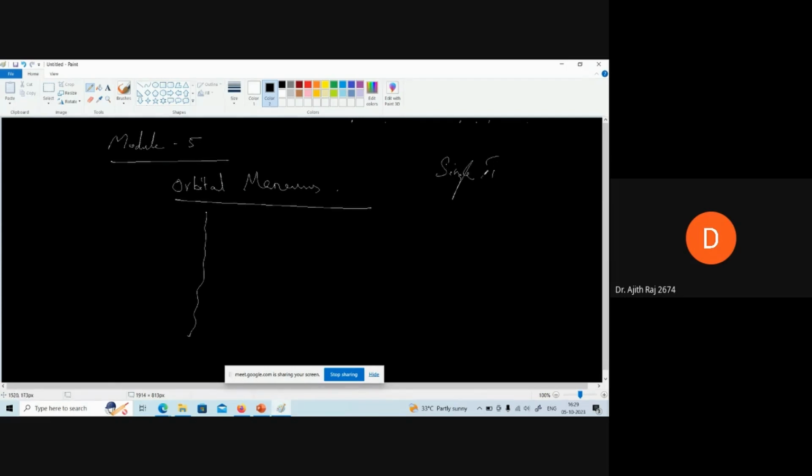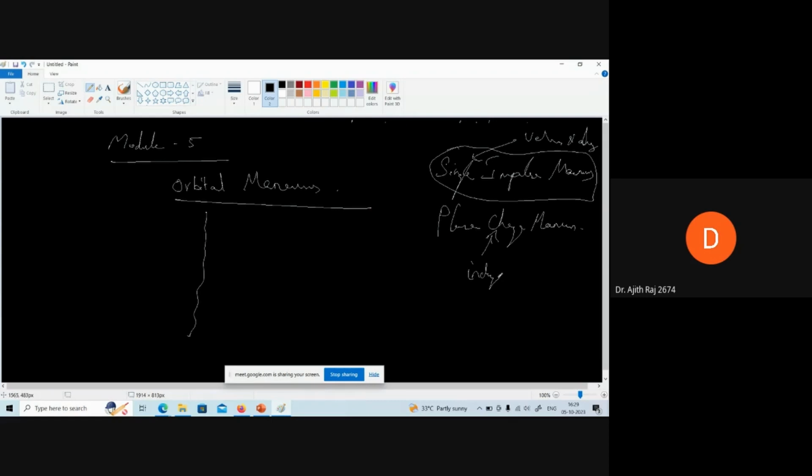Again, we have seen two things. One is single impulse maneuvers, and the other is plane change maneuvers. The Hohmann transfer is basically with respect to velocity and altitude, and here it is with respect to the inclination, which is the angle between the Earth's equatorial plane and the satellite's orbital plane.